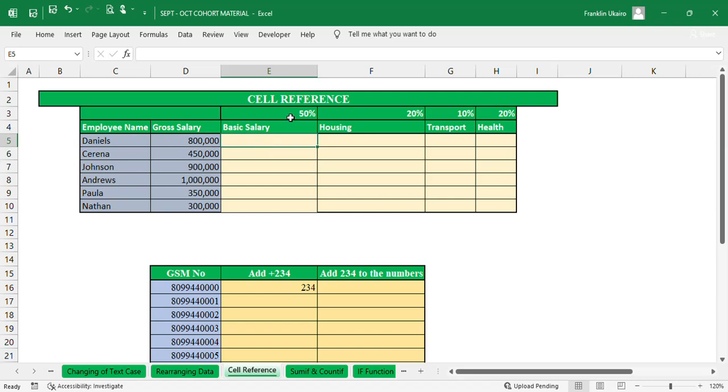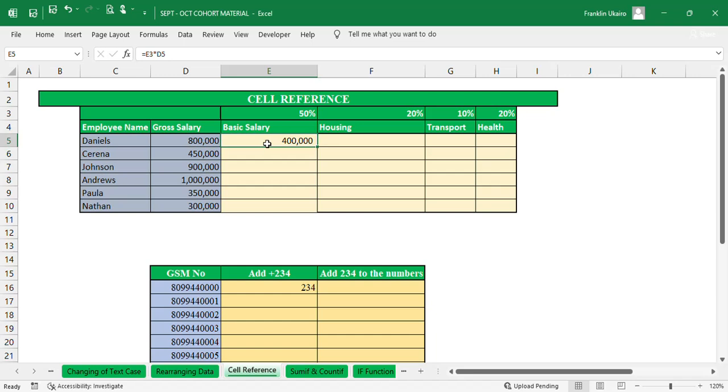You say 50%, so you start with your equal sign, 50% times 800,000 will give you 400,000. That means half of the gross salary is basic salary.